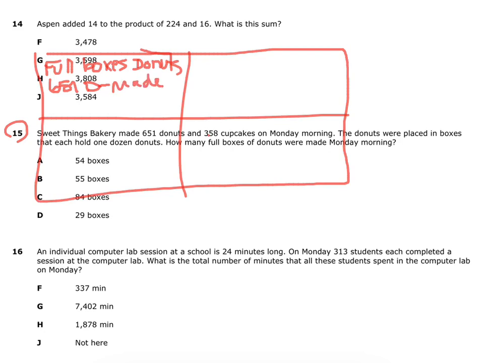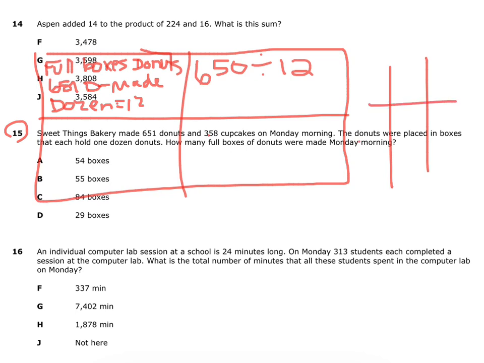Okay, and we know that the donuts were placed in boxes that each hold 1 dozen. A dozen is 12. How many full boxes of donuts were made? So I know they made a total of 650. And then they put them into boxes of 12 in each box. So it's a division problem.